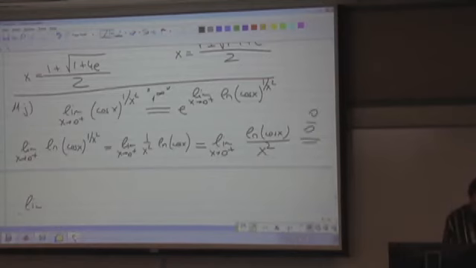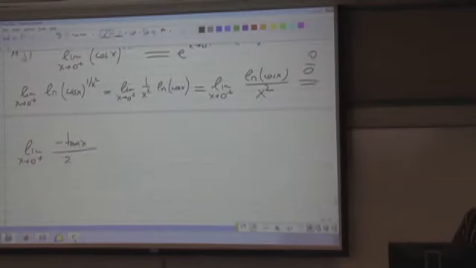So we have the limit as x goes to 0 plus. What's the derivative of ln of cosine of x? Negative tangent, divided by 2x. Okay?